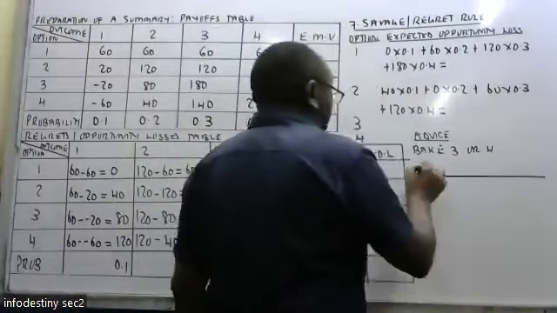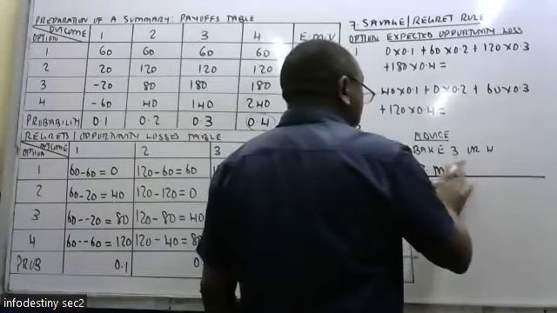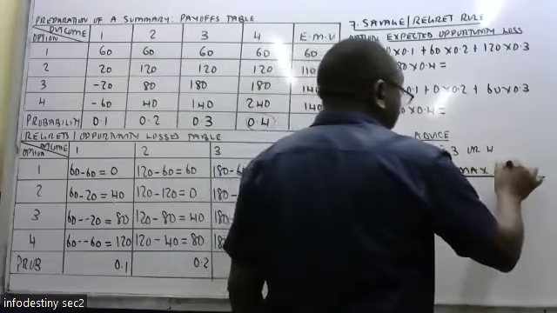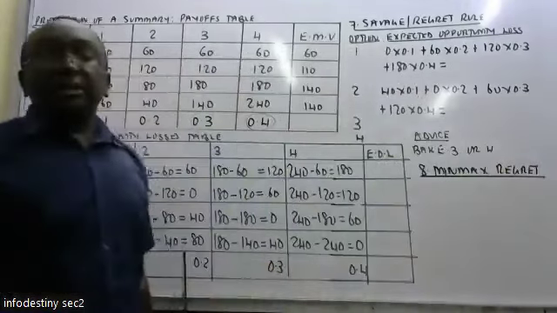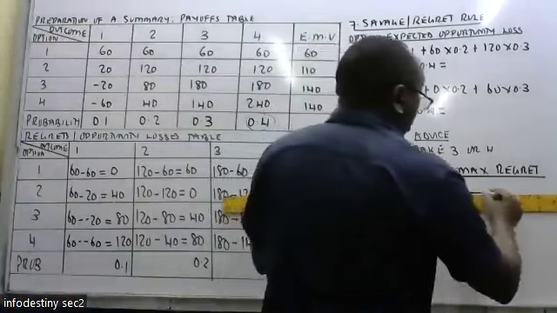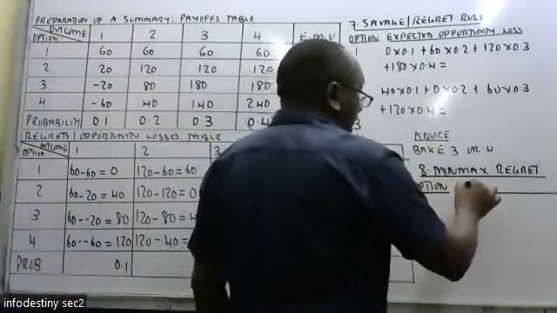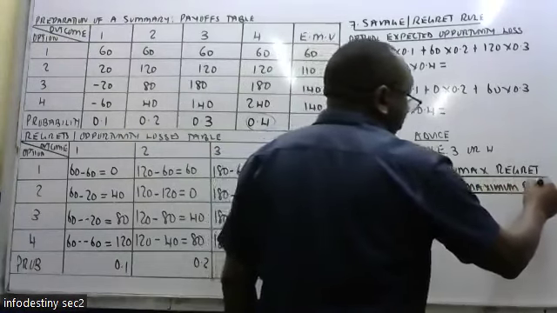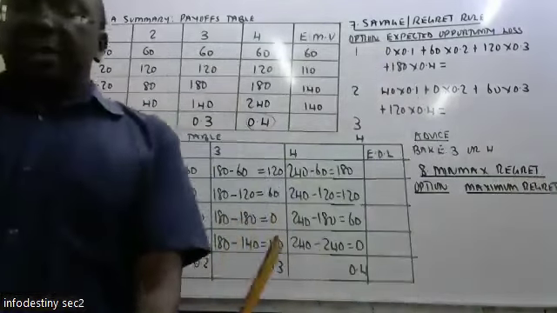Rule number 8 is called minimax regret. So here we have the option, and then we have the maximum regret.